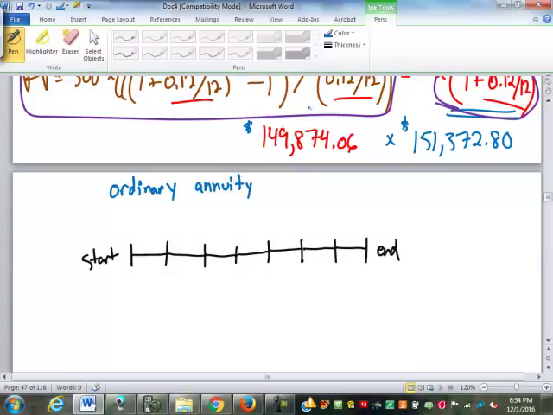In an ordinary annuity, you make payments at the end of each period. And there will be a payment at the end here. But in the ordinary annuity, there is no payment at the beginning. Payment is made at the end of that first period.